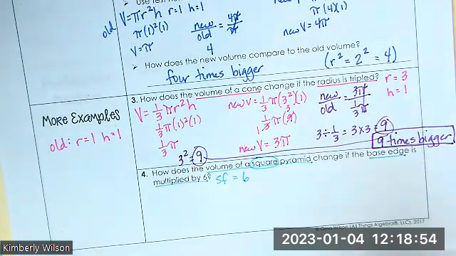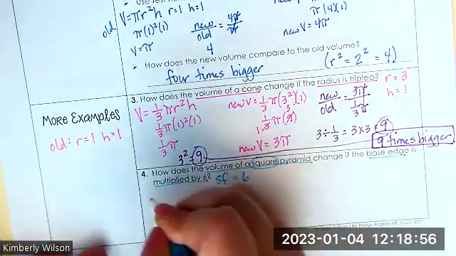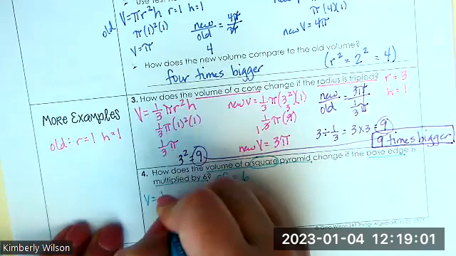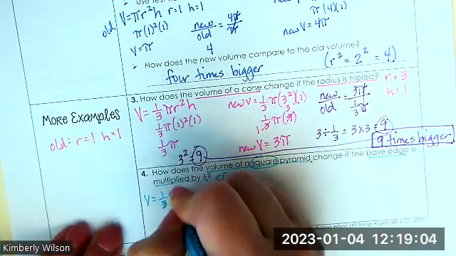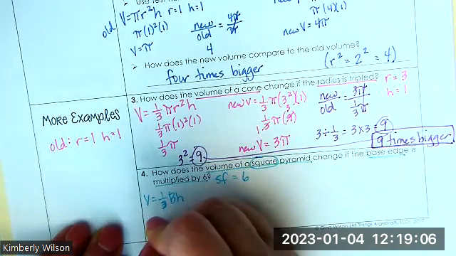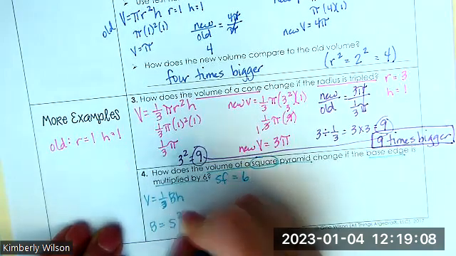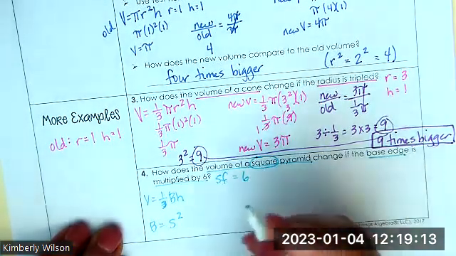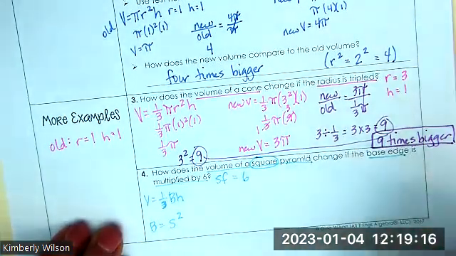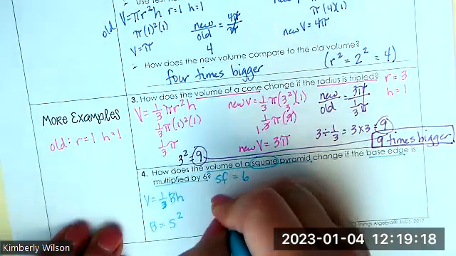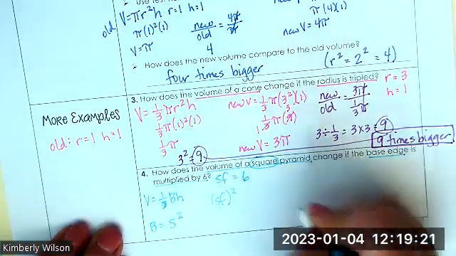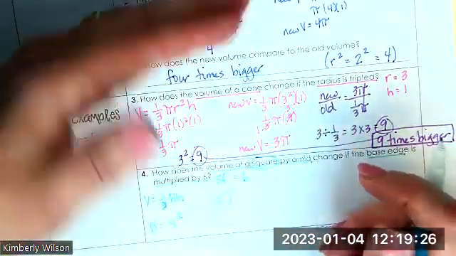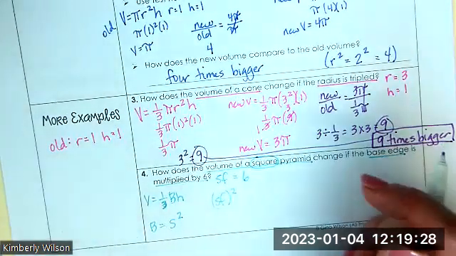But what you have to remember is it's a square and it's a pyramid, that means my volume is still 1/3 capital B times H. But the thing I've got to remember, that capital B is calculated as S squared because it's a square. So therefore, to figure out how many times bigger, I'm going to take the scale factor and I'm going to square it.